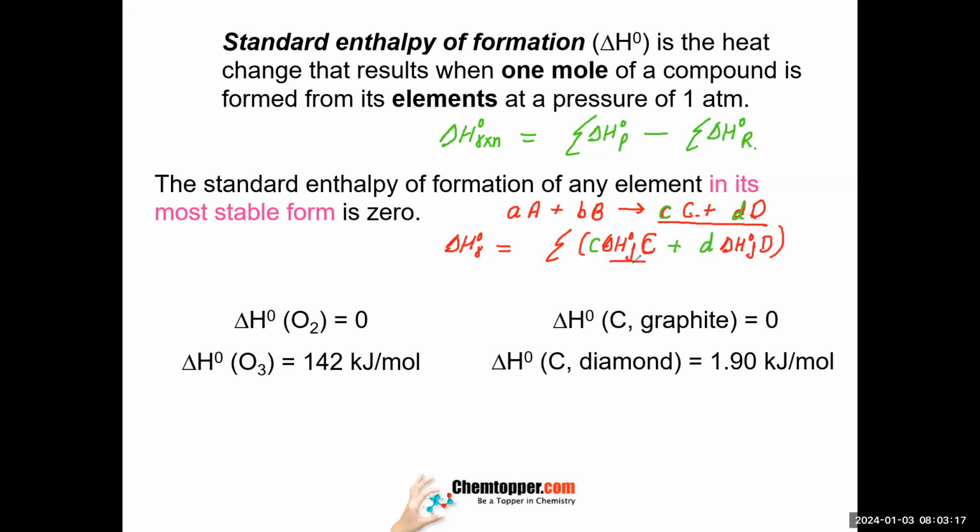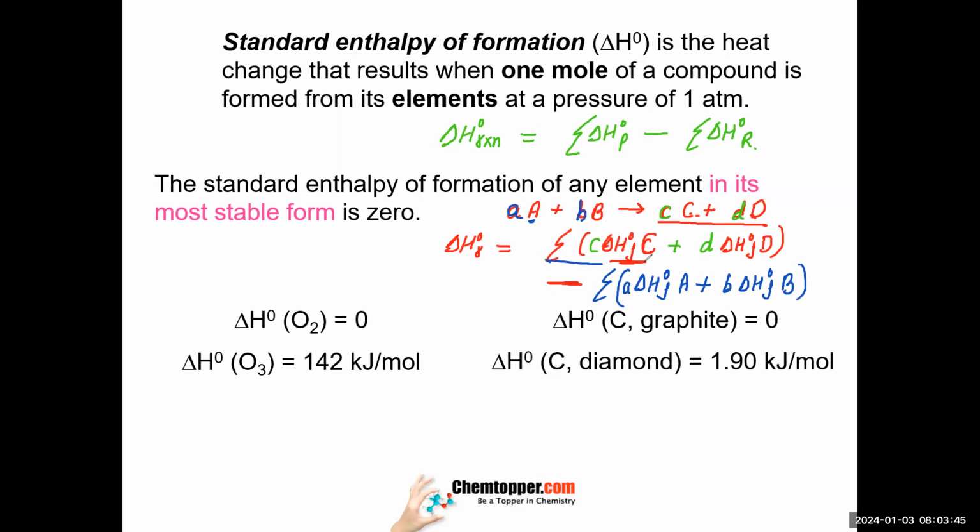These values will be given to you. C and D are the coefficients of the balanced equation, minus the summation of delta H naught formation of A plus B, the reactants.